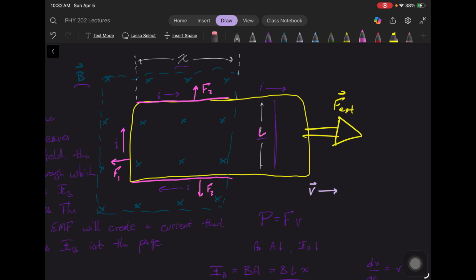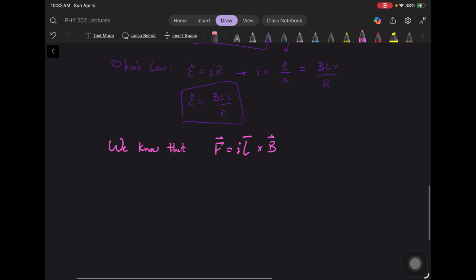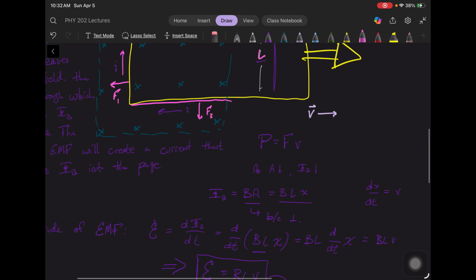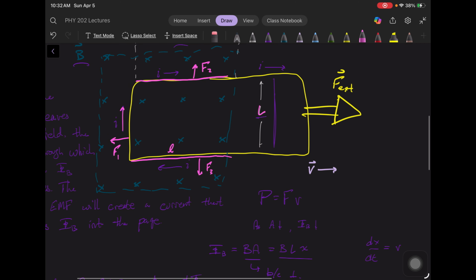Well, different L, I guess. So we will make this a lowercase l. These are both going to have some length l. They're going to have the same current because it's the same loop, same magnetic field.